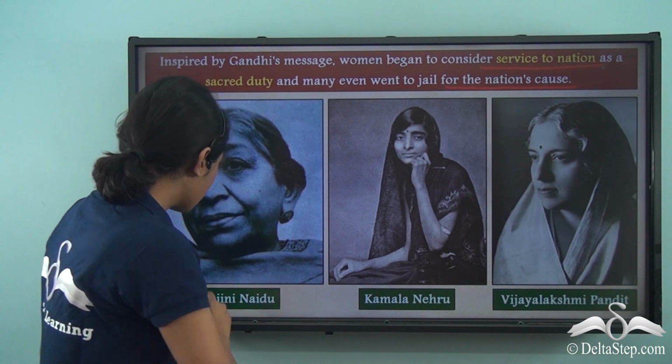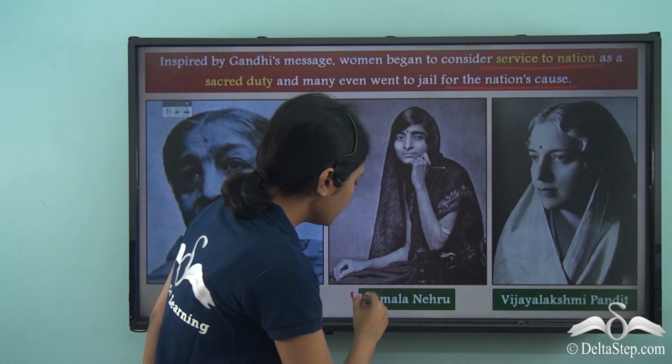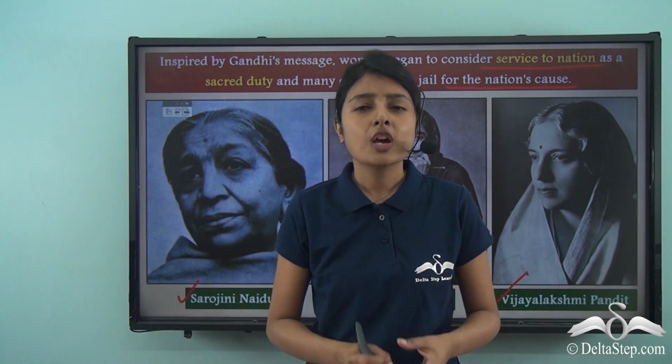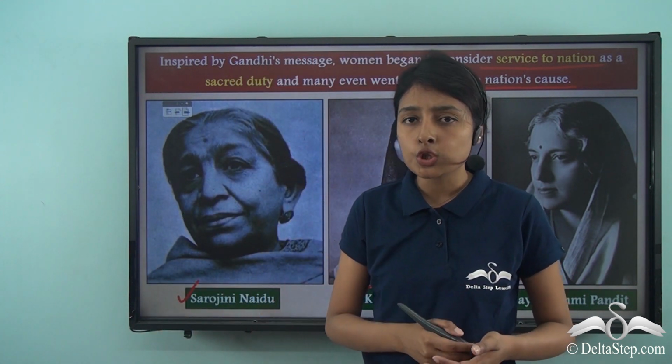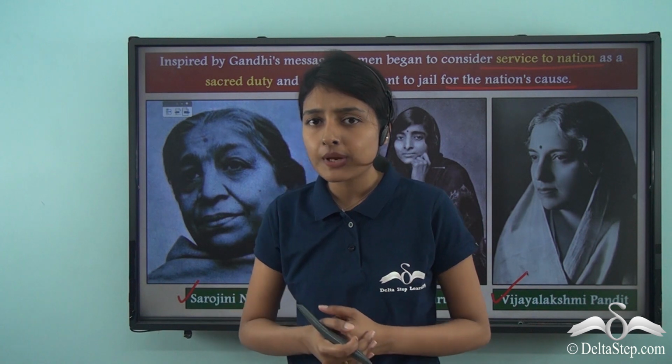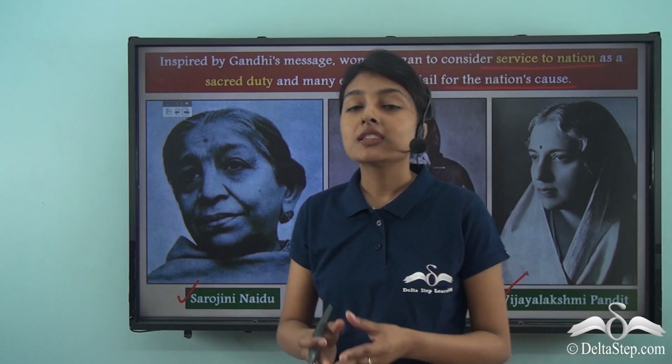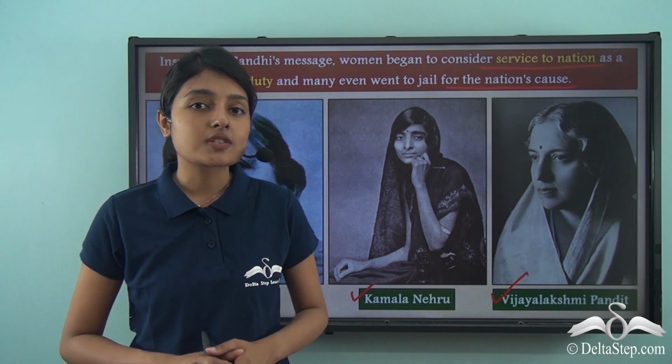So women like Sarojini Naidu, Kamala Nehru or Vijayalakshmi Pandit came on the streets to fight against the colonial rule. They braved police repression, they braved lathi charge, they braved mob firings, and this is how these women have survived very bravely in the pages of history.